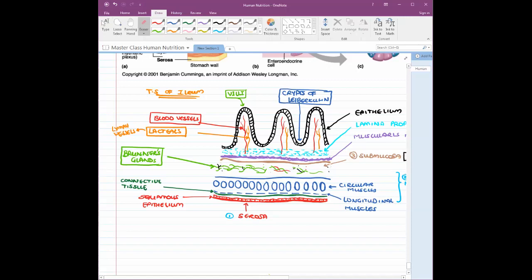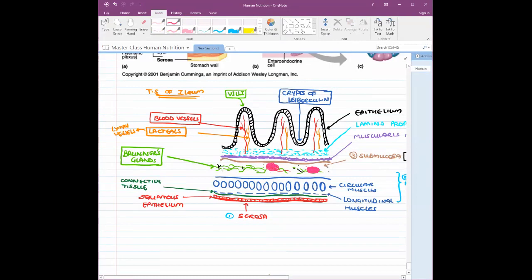Now guys, what are you going to see? See, where we have these Brunner's glands and all running in the same region, you are going to have something very important. You are going to see some cells called argentaffin cells. Now these argentaffin cells, what are they going to do?